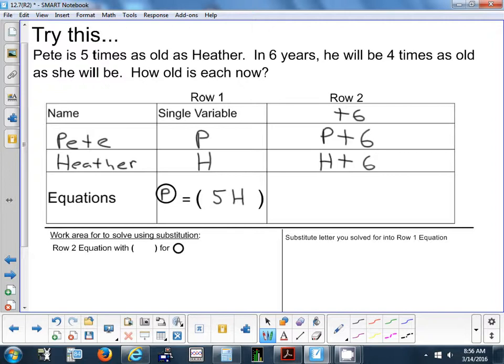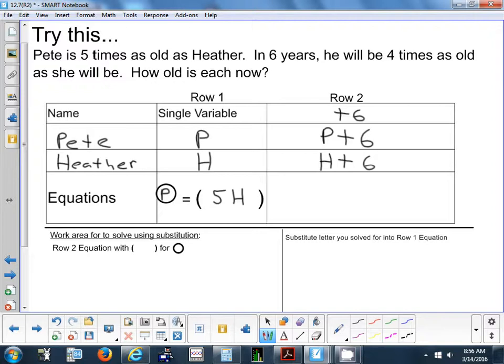Okay, this is going to be about their ages in the future. So now in this second equation, anytime you see Pete or his or him, Pete's no longer P. In the future, he's P plus 6. Okay? And if you see Heather or any reference to Heather in the second equation, you're not going to use H for Heather. What are you going to use?